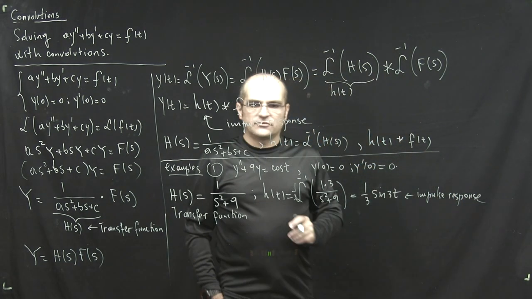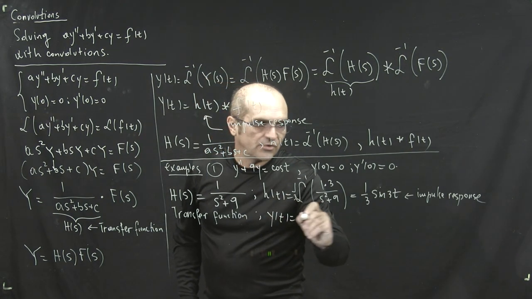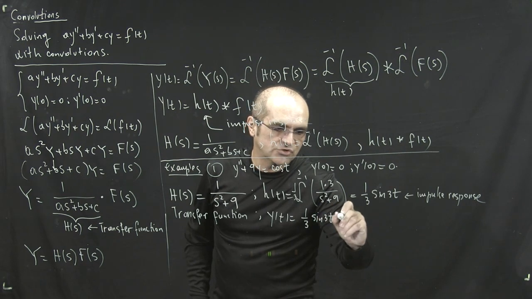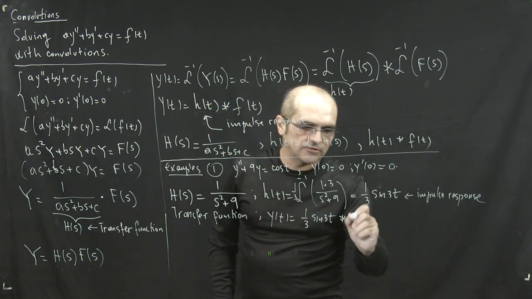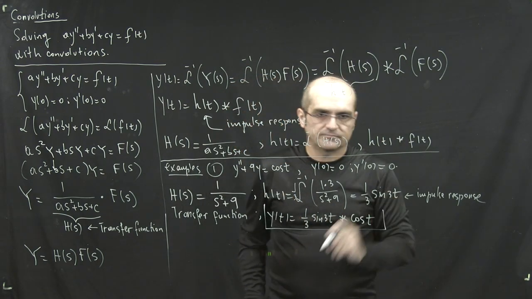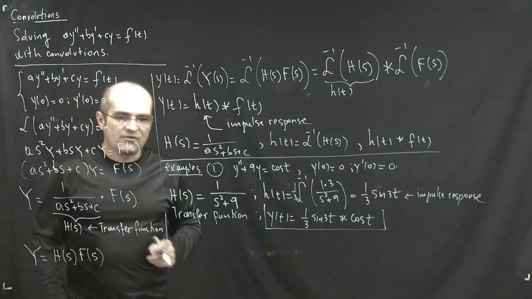What is the solution of the ODE? Well, the solution would be the impulse response that you just found, convolution, the right hand side of the function, cosine of t, and you're done. I think this is really nice. Again, I hope you appreciate it if you take the effort to understand it.